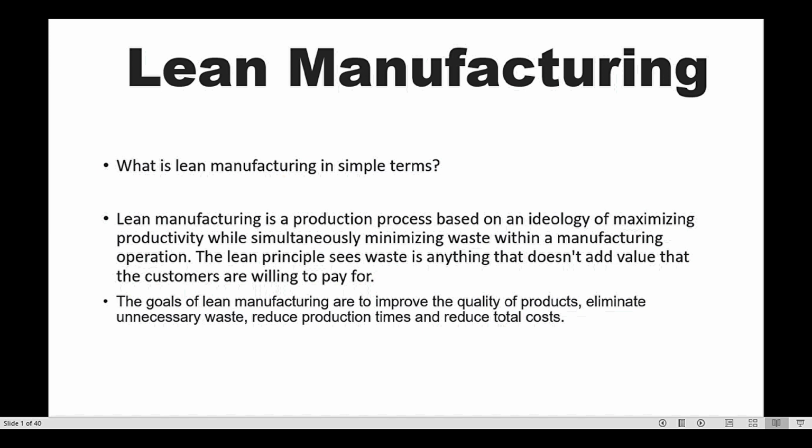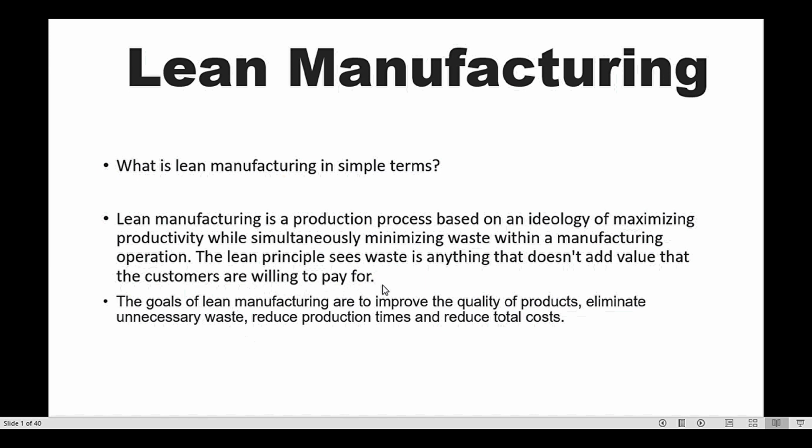What is lean manufacturing? Lean manufacturing is a production process based on the ideology of maximizing productivity while simultaneously minimizing waste within the manufacturing process. The lean principle sees waste as anything that does not add value that the customers are willing to pay for.